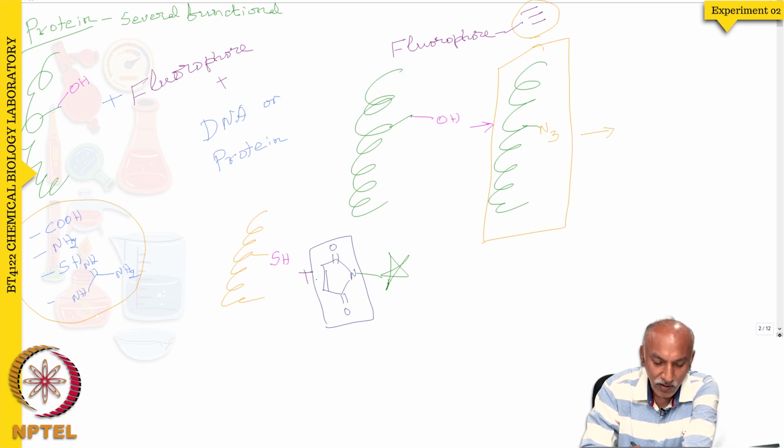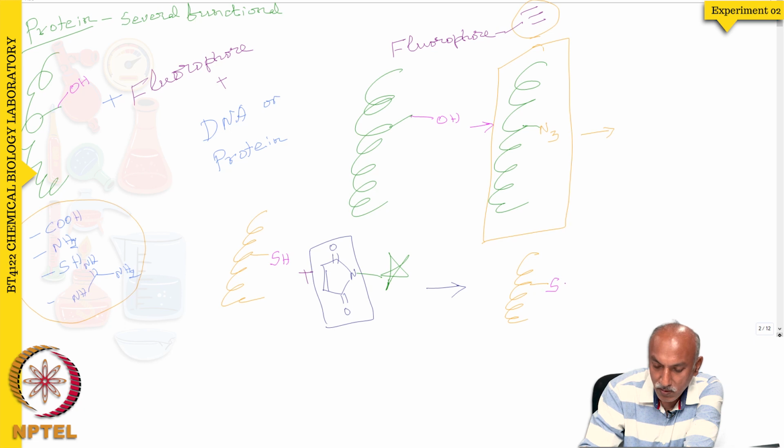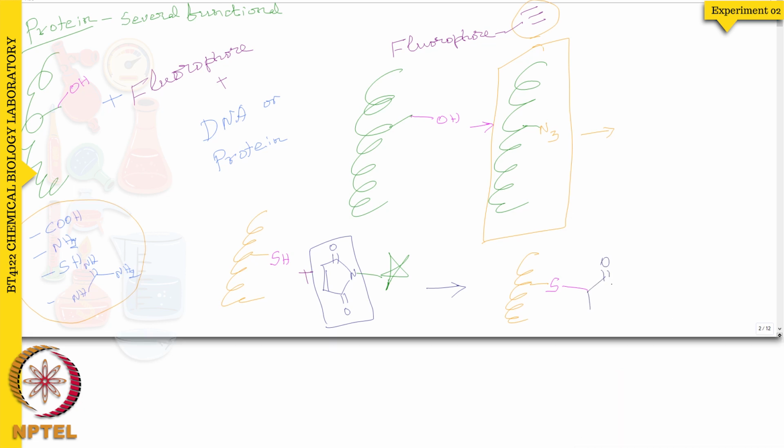Whenever maleimide is present, the thiol reacts to lead to the formation of thiol linked to the fluorophore.